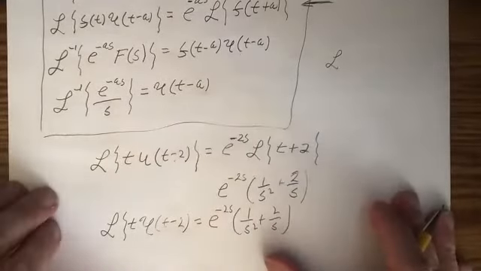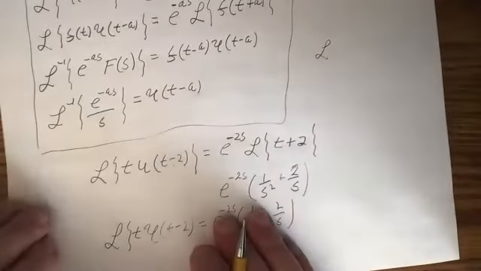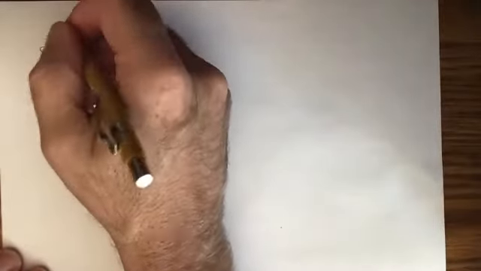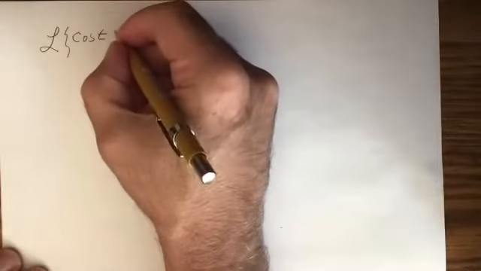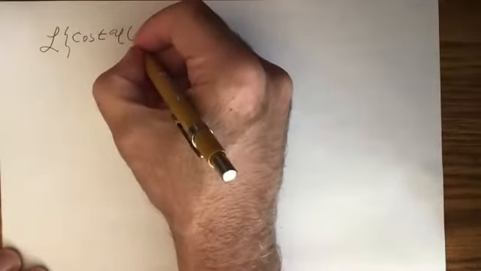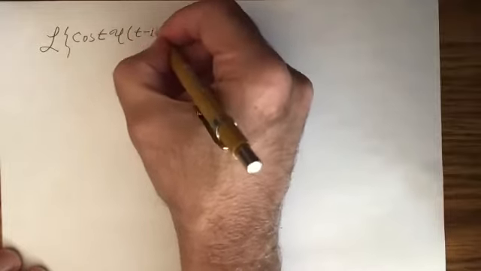All right, I want you to try one. Without looking at my notes, try to do the Laplace transform of the cosine of t times the unit step function of t minus pi.